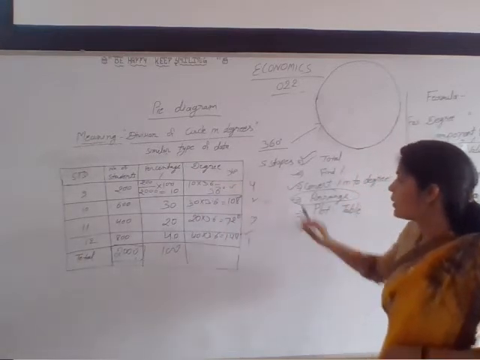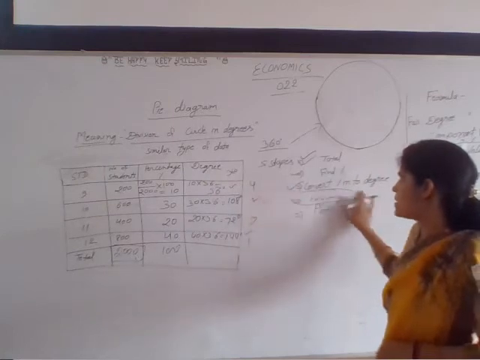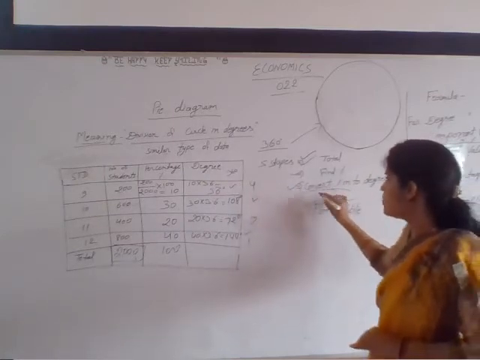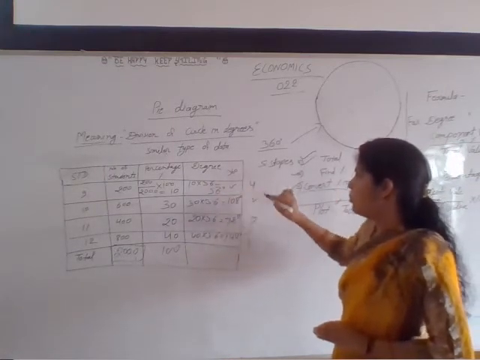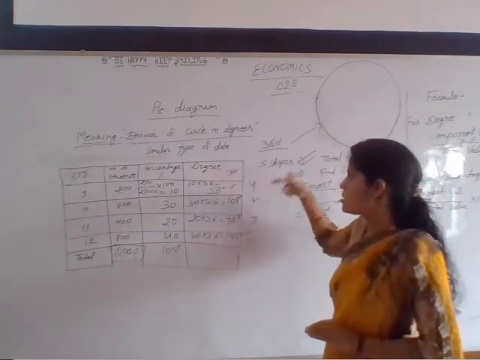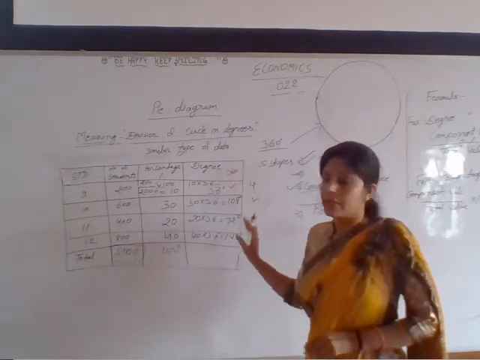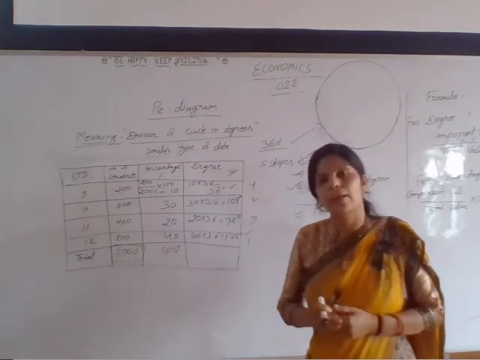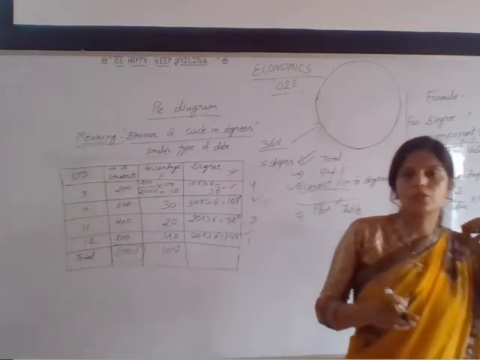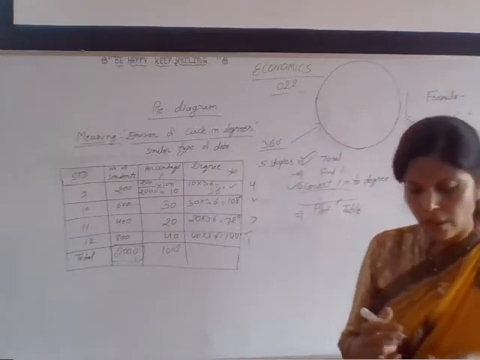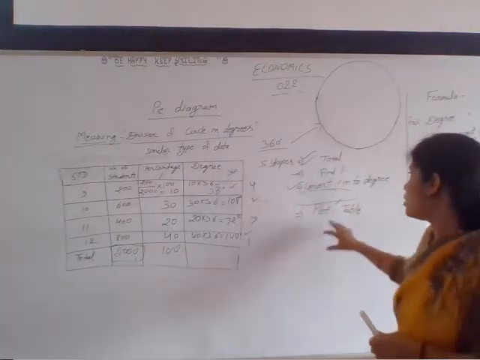So if you want, you can skip this step. Not essential, but if you want to measure which is the highest and which is the lowest value, you can measure it here also, because it will be helpful for your analysis. Okay. Now next, plot table.